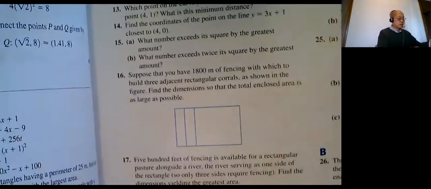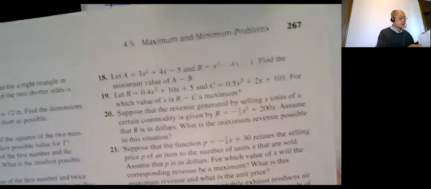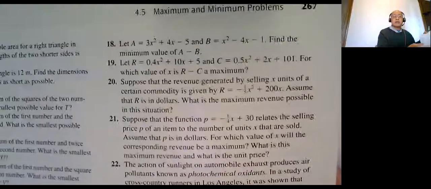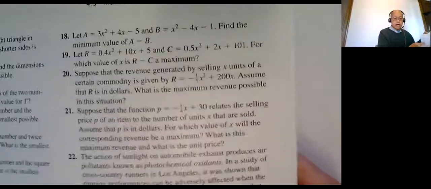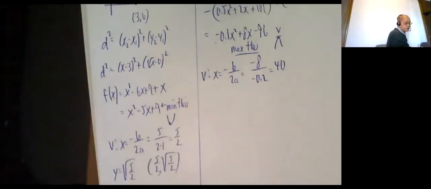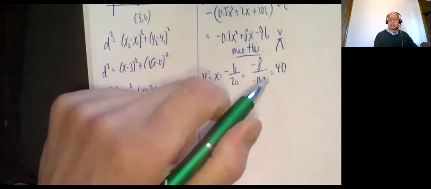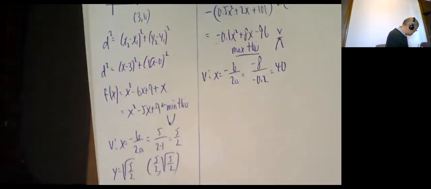So the answer is x equals 40. That's all they asked for. 19: what value of x is R minus C a maximum? So we gave it to them. X is 40. So we're done. We maximize the profit at x equals 40.